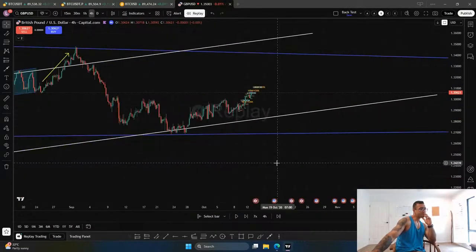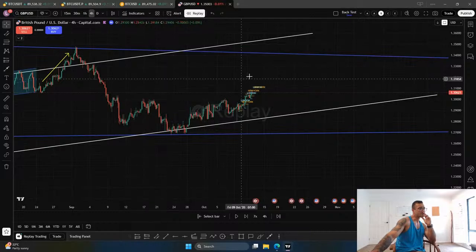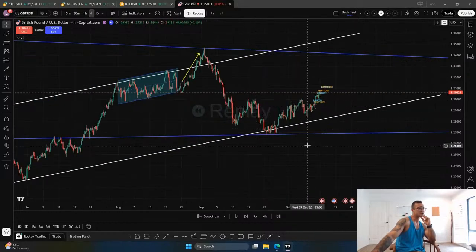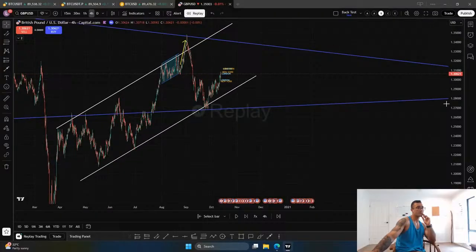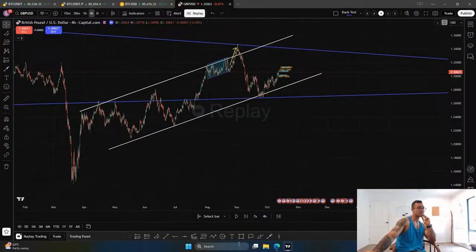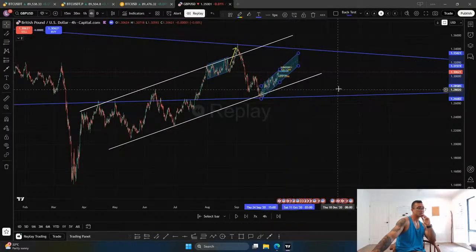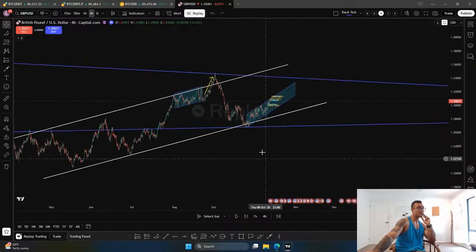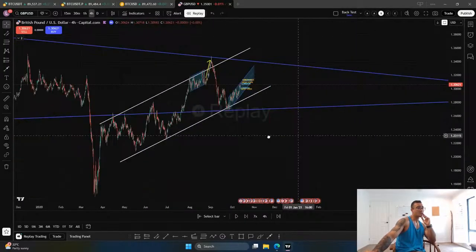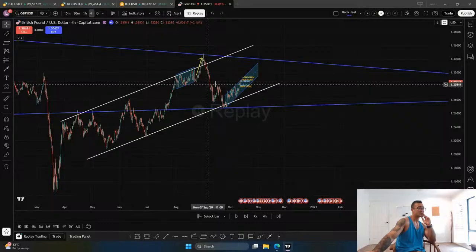Now, it does look like we're trying to push higher, but if price continues to just kind of move in this direction and doesn't break high, I'll probably be looking at shorts around this angle.